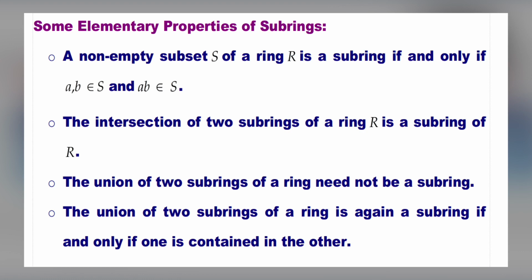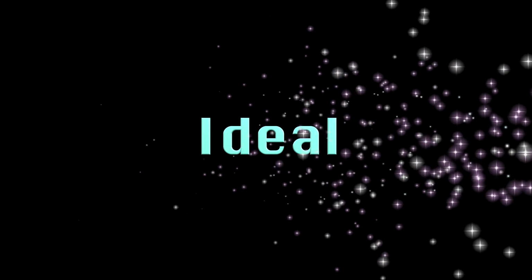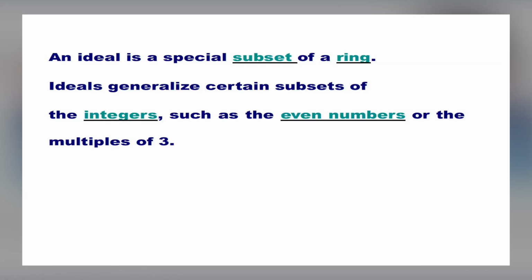Let us discuss another concept, that of ideals. Let us start with an introduction to ideals. In ring theory, a branch of abstract algebra, an ideal is a special subset of a ring. Ideals generalize certain subsets of the integers, such as the even numbers or the multiples of 3.